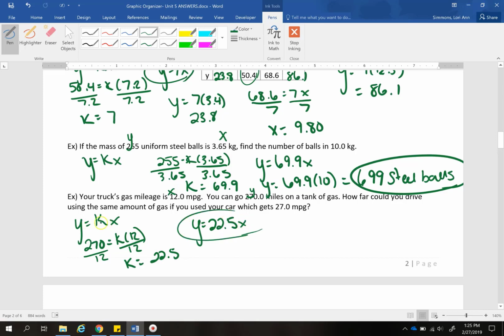Okay, again, we know it's direct variation because as your miles per gallon increase, so does the miles that you can go. So 27 miles per gallon, that was our x, so we can put that in for our x here. So with significant digits, 608 miles.